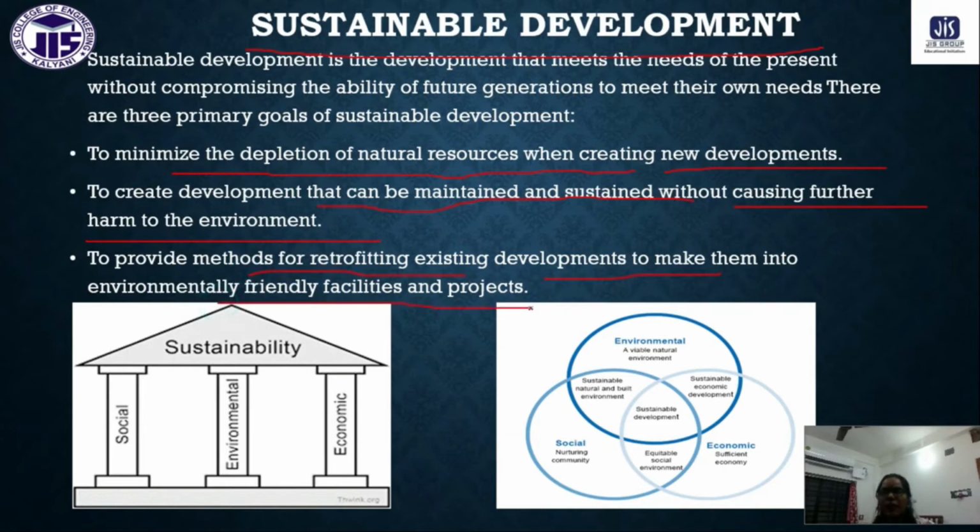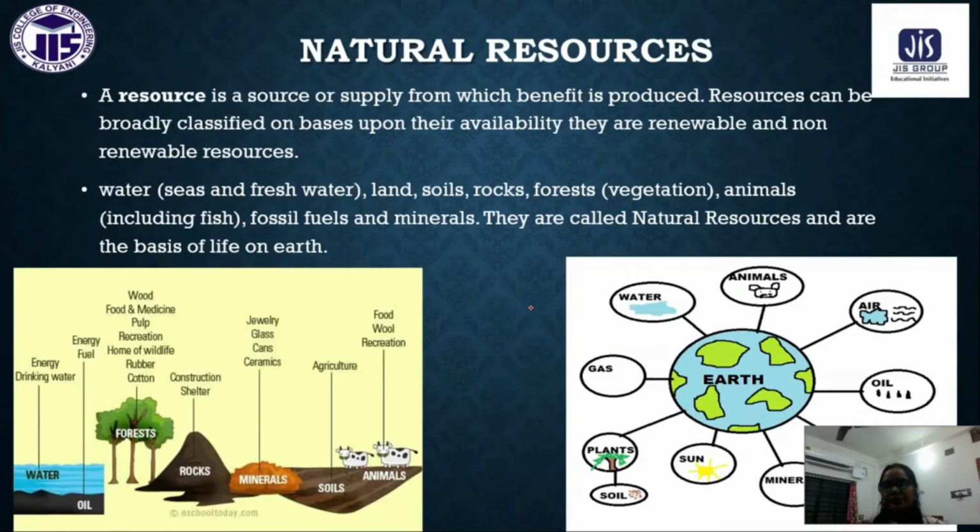Exactly. So these are some of the processes that we can follow while we are doing the development, but keeping our environment also safe.